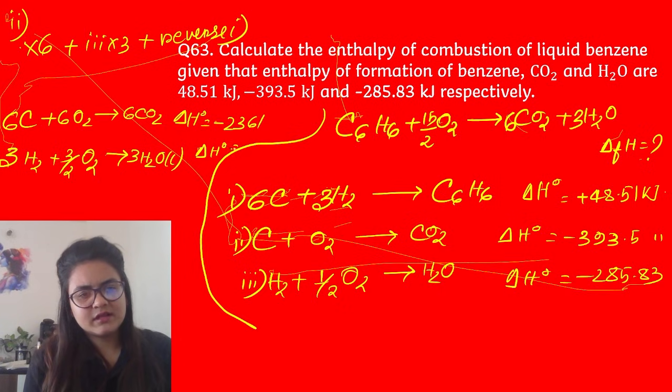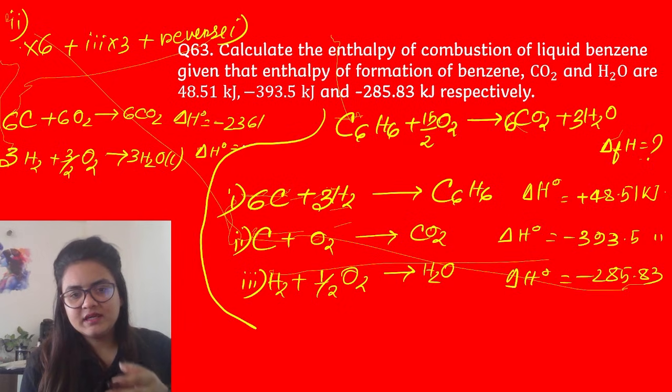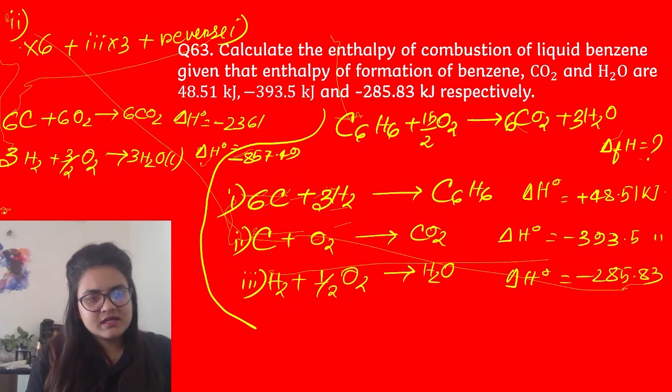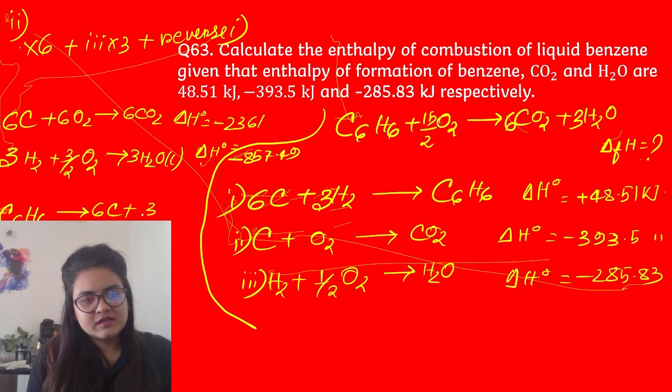So enthalpy will come up to be 3 into minus 285.83, something like minus 857.49. Next you can see the reverse of equation 1. So C6H6 will give you 6 carbon plus 3H2.